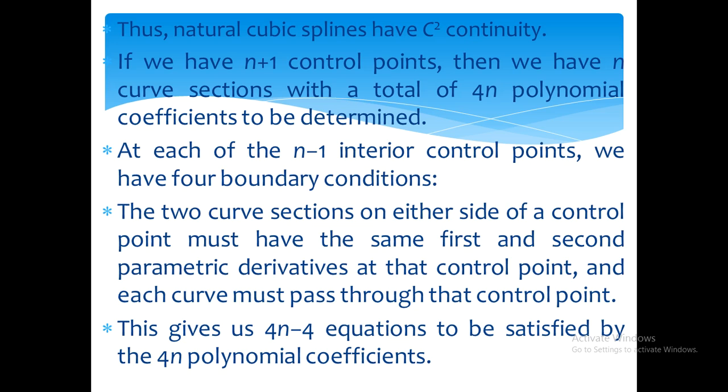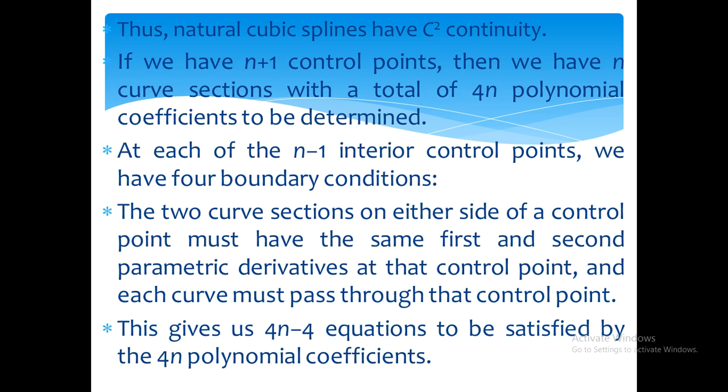One from one piece's end and another from the other piece's start. Again there is a first order derivative and a second order derivative, that's why 4 boundary conditions have to be satisfied at all n minus 1 interior control points, right?